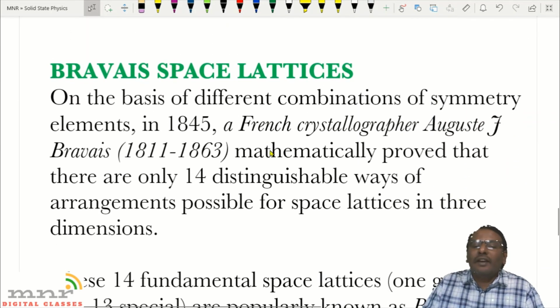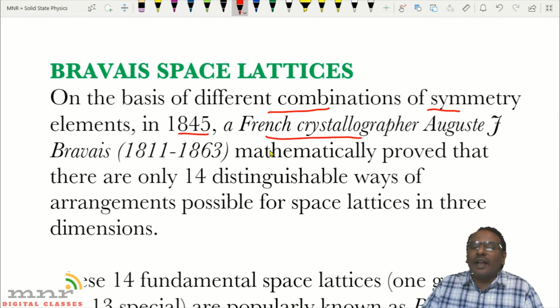On the basis of different combinations of symmetry elements, in 1845, a French crystallographer, Auguste J. Bravais, mathematically proved that there are only 14 distinguishable ways of arrangement possible for space lattices in three dimensions. While understanding the unit cell, we learned that we have infinite different possibilities of sketching the unit cell.